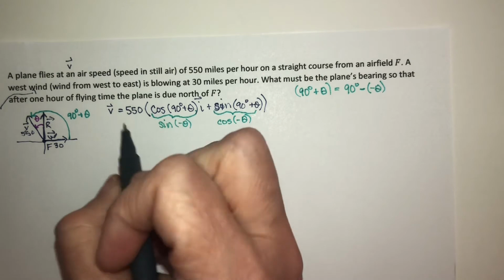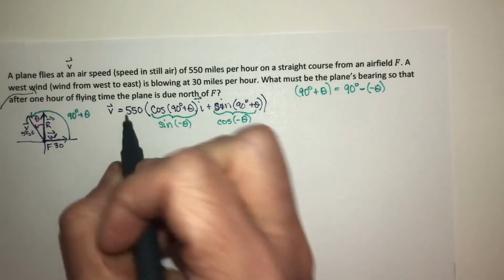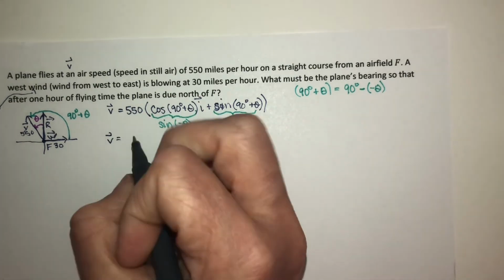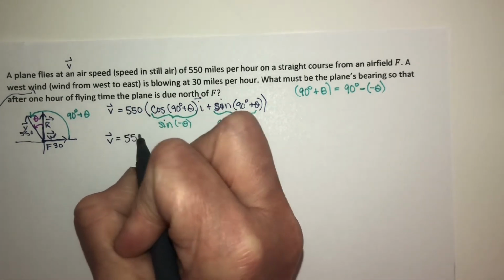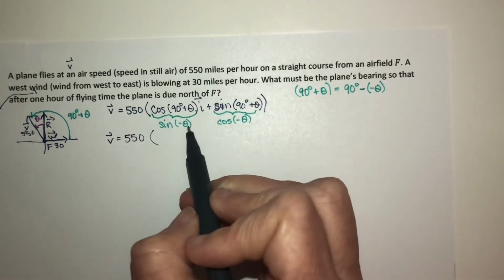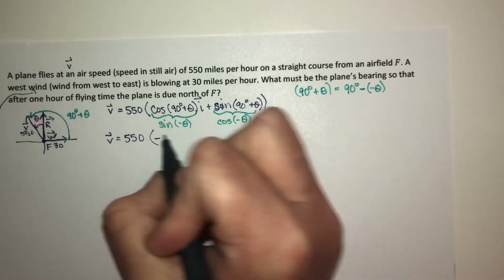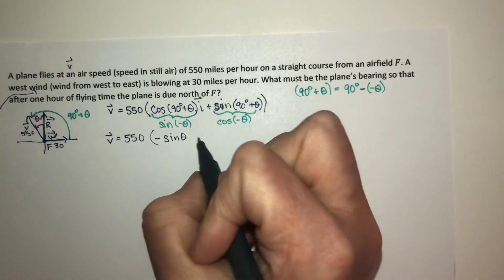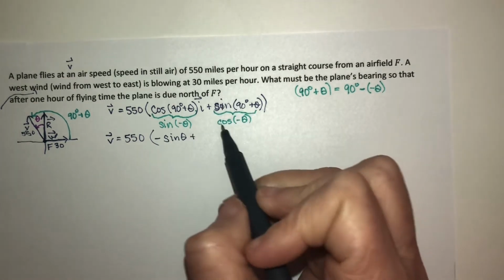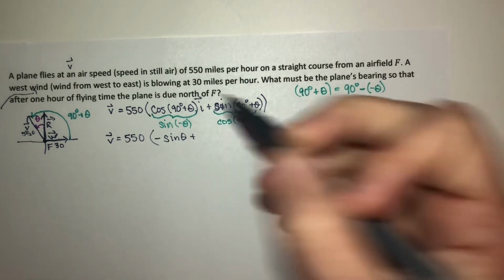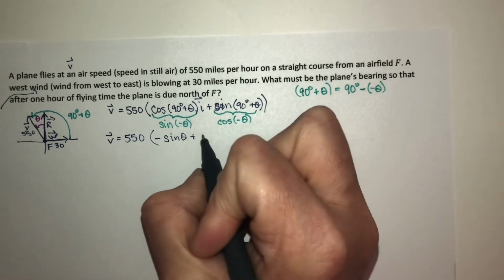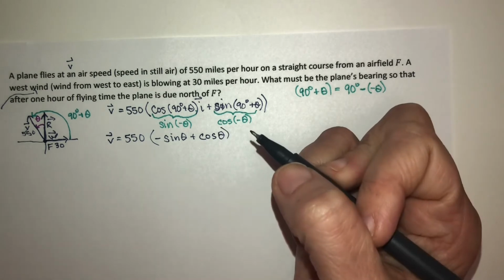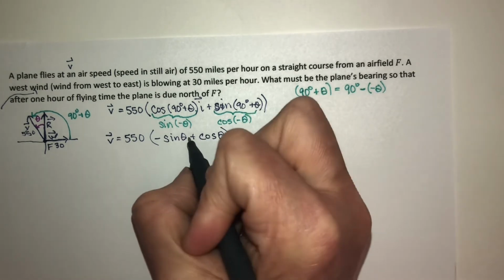So now, using our even-odd properties, vector v is 550 times, sine is an odd function, so I can put a negative in front, sine of theta, plus cosine is an even function, so it absorbs that negative, cosine of theta, with i and j.